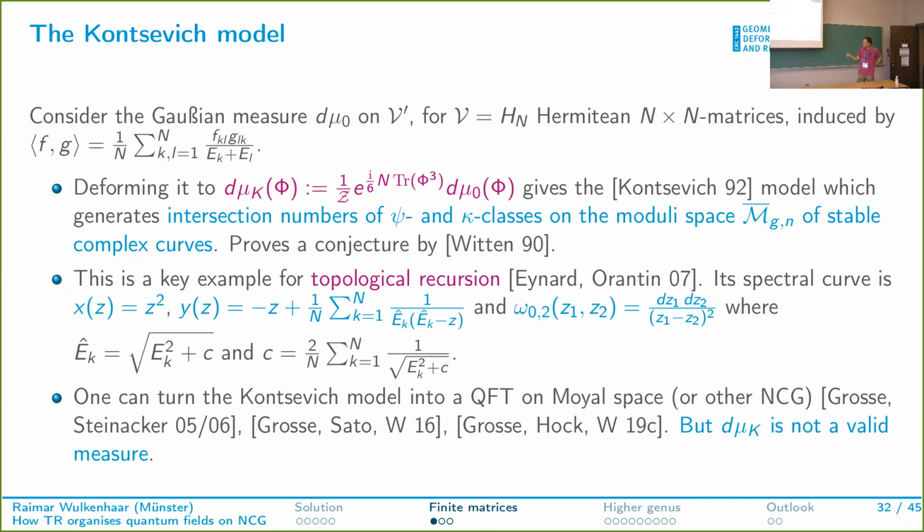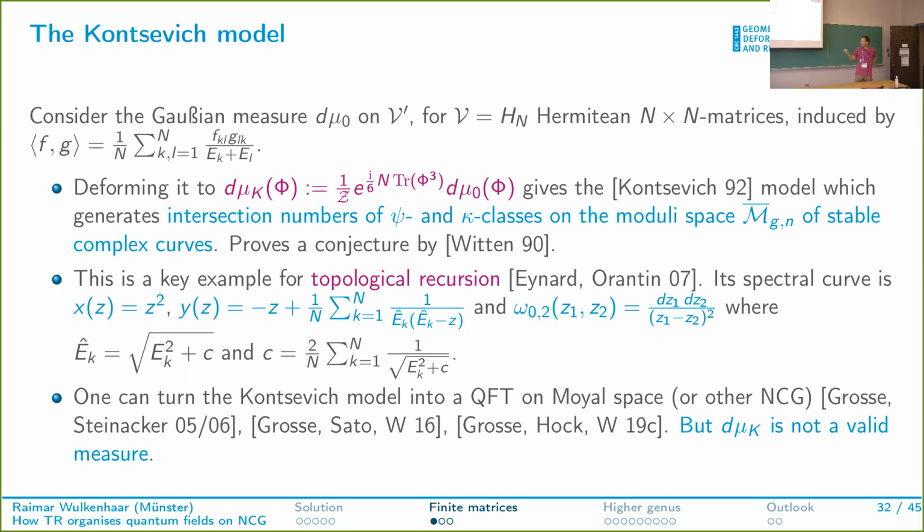So the remark is, this Kontsevich model, we can also go to infinity here, or script n, and do everything on Moyal space realization, everything works. But the remark is this is not a valid measure, because this i here produces signs, so it's plus minus 1. So it goes negative, it's not a measure. If we take here a real one, then it's not bounded below, and it also does not exist.